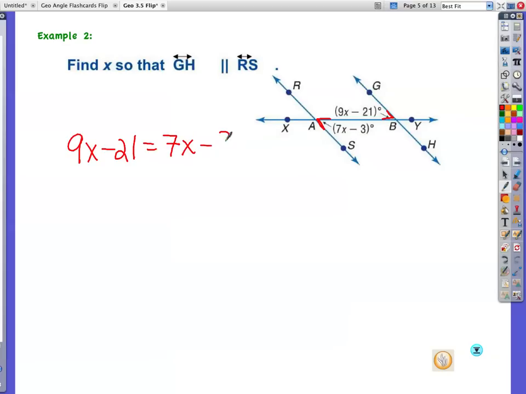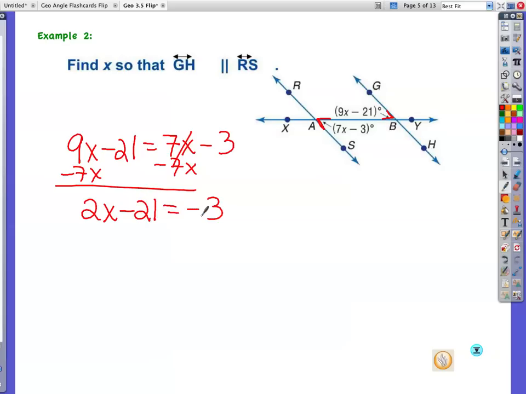All I have to do on this problem is find the value of x, so I just solve away. Subtract 7x from both sides. I have 2x minus 21 equals negative 3. Now I'm going to add 21 to both sides, and I get 18. And if I divide both sides by 2, I get x equals 9.